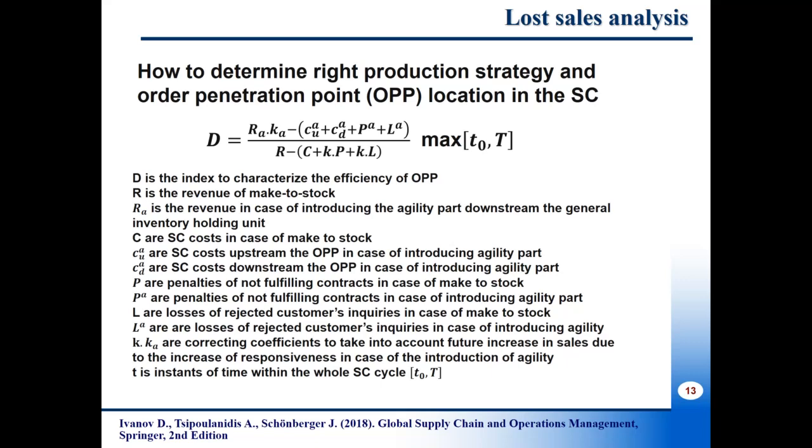Okay, let's go to our model. The model assumes that the introduction of the agile supply chain part downstream of the OPP leads to an increase in both flexibility and cost. As such, the model proposes a lost-sales-based treatment of the OPP location determination, similar to the lost sales approach to inventory management.